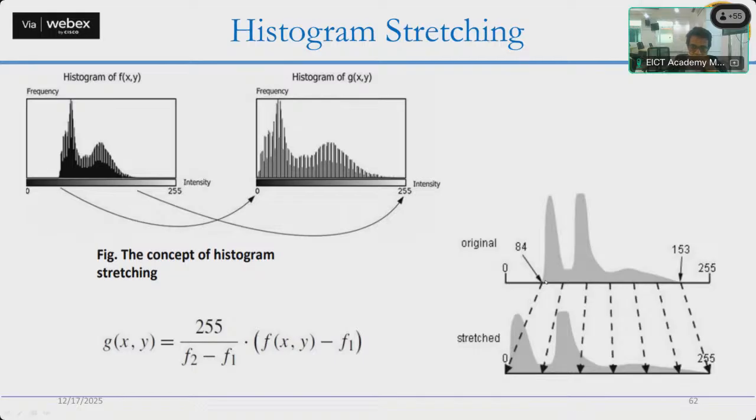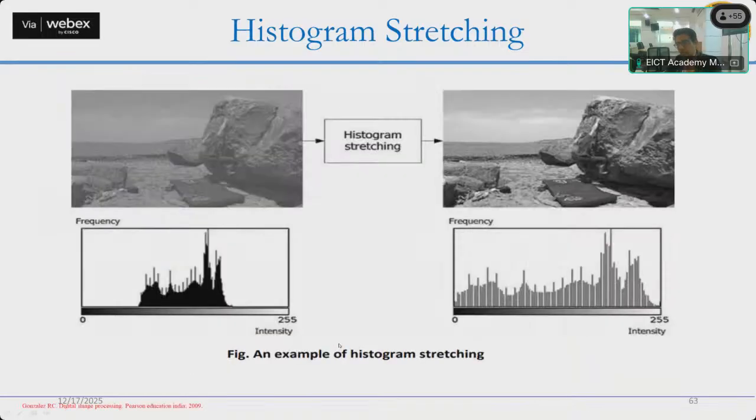This original value was 84. Remember, since 84 is the minimum, 84 minus 84 is 0. It has come here. So in this way, it has plotted all the values. We have already seen the impact of the histogram stretching, which basically makes the image high contrast.